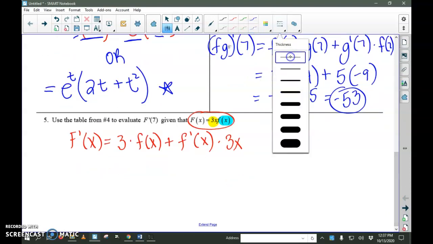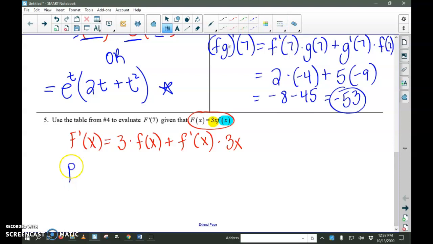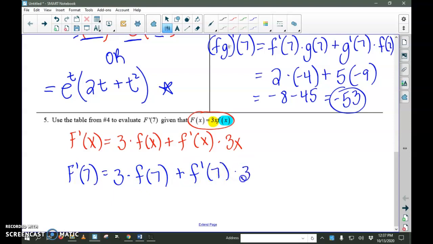Then I like to go back and fill in that what I'm really trying to find is capital F prime of 7. So now I'm going to go back and replace every x I see with 7. Some people try to jump to this step instead of doing the generic derivative, and it doesn't work out for them, okay? So again, I did the generic derivative of capital F. Now I'm going to go back and fill in all those x's with 7.